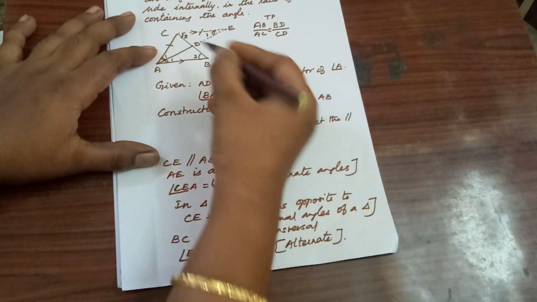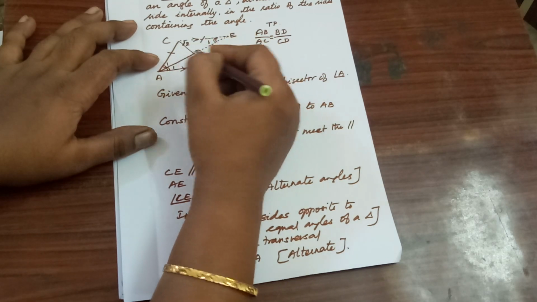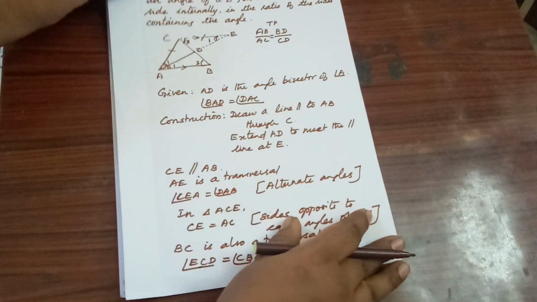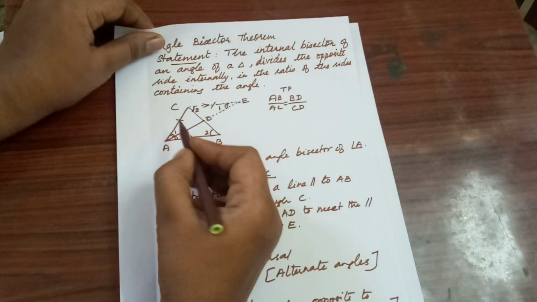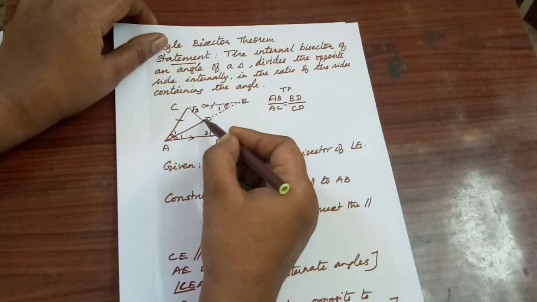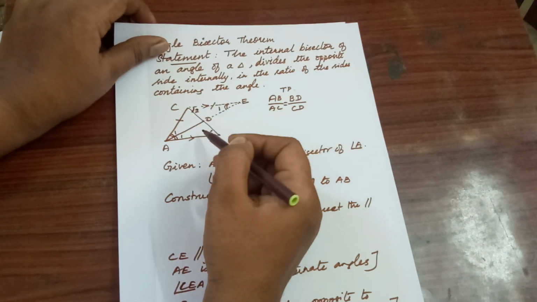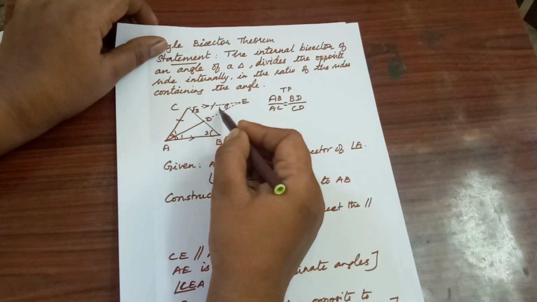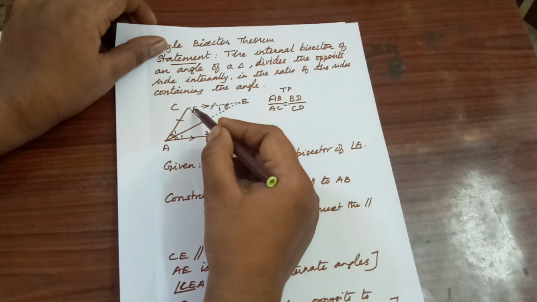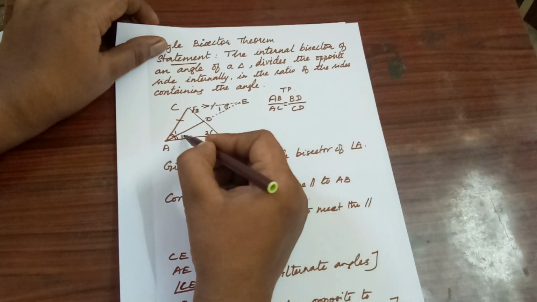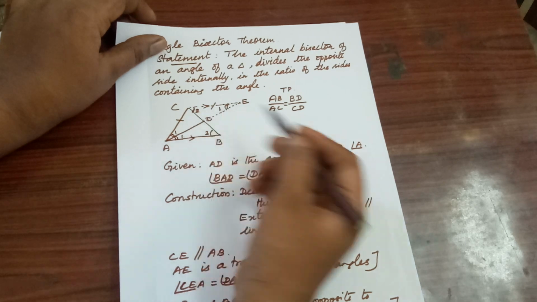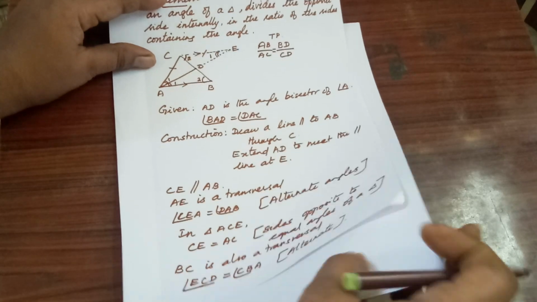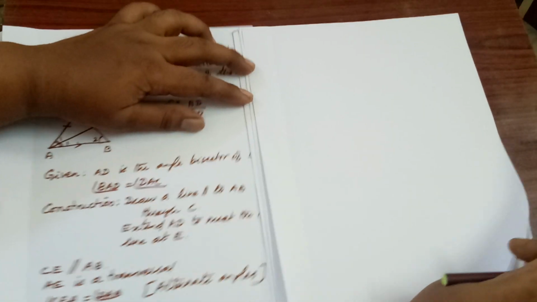Okay. So while observing these two triangles, let us name the triangles. See, triangle ABD and this triangle. These angles are equal and these angles are correspondingly equal. So we can use the AA criterion to prove that they are similar.